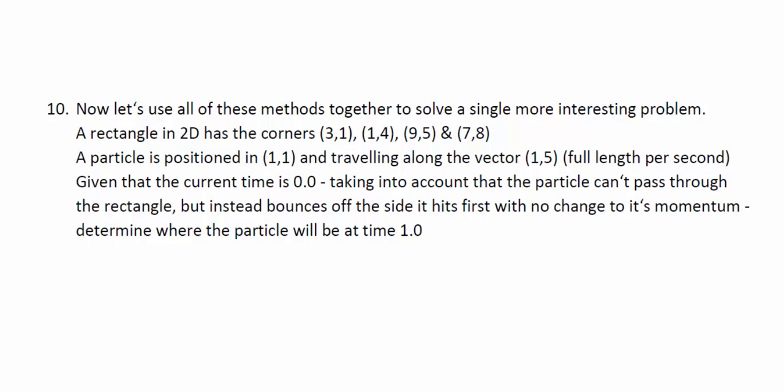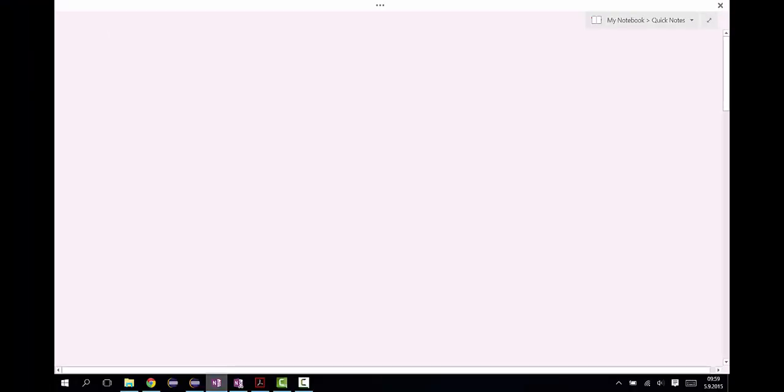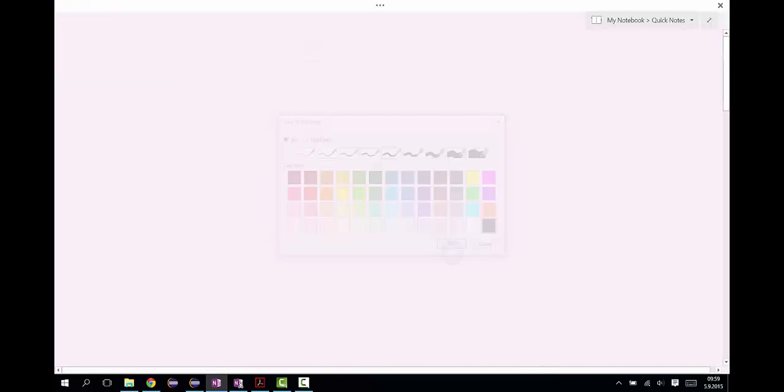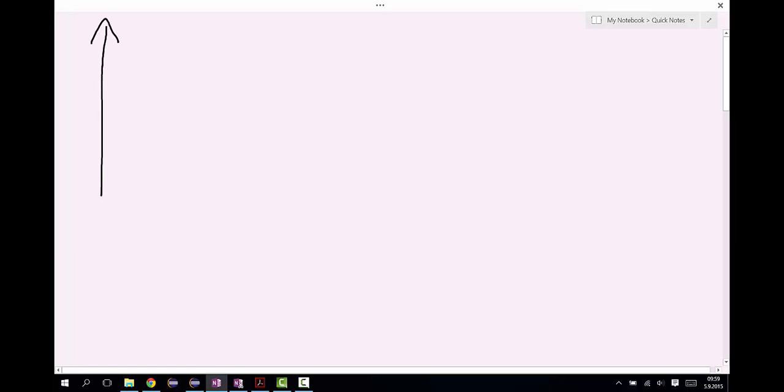I'm going to look at the numbers here in the rectangle. Highest number on the x-axis is 9 and 8 on the y-axis. So let's set up a little coordinate system here.